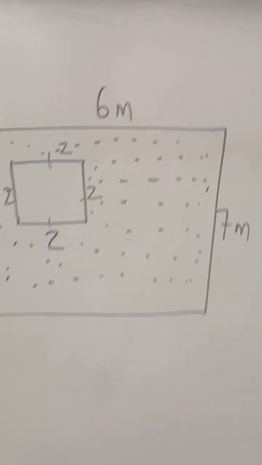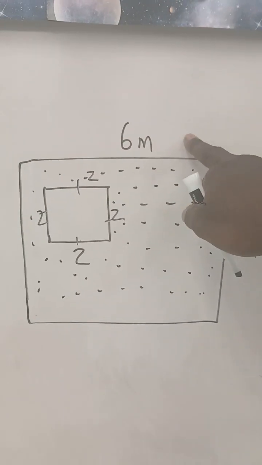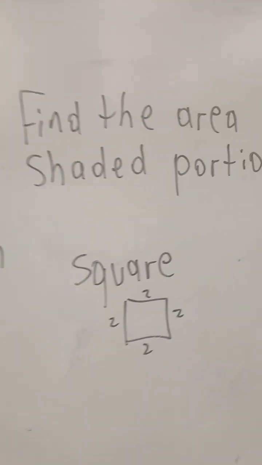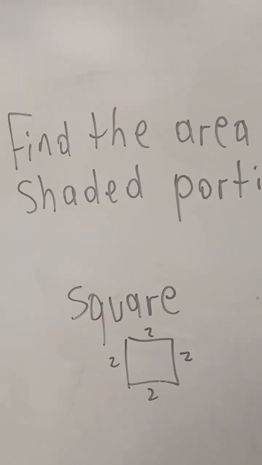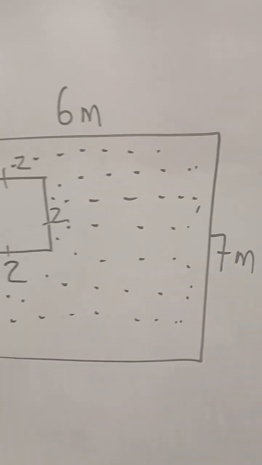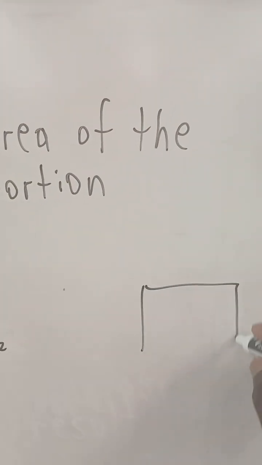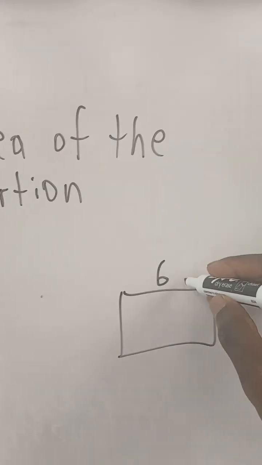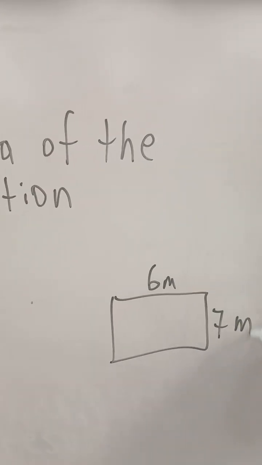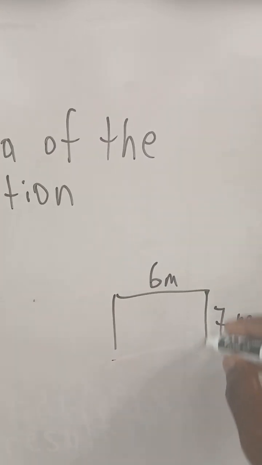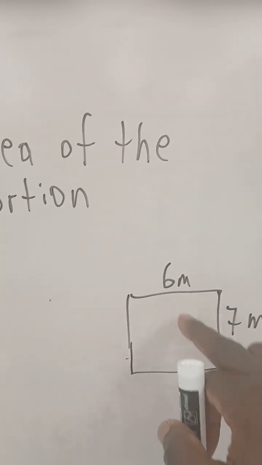The other shape is what? We have 6 meter here, and we have 7 meter here. If one side is longer than the other, it simply means that it is not a square, because in a square, all sides are equal. If we have 6 meter here and 7 meter here, this one should be longer because it is a longer measurement.